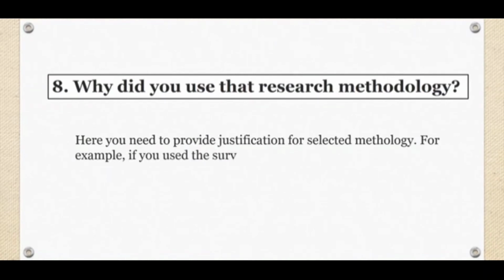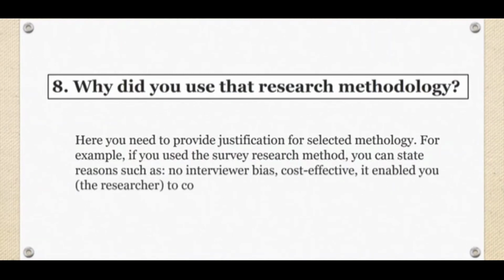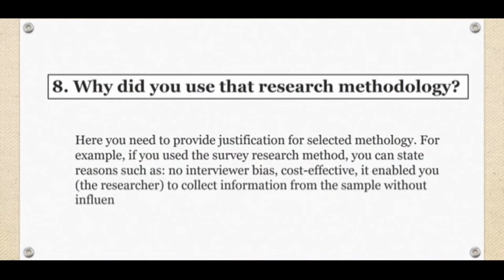For example, if you used the survey research method, you can state a reason such as: I applied the survey research because there is no interviewer bias, it is cost effective, and it enables you to collect information from the sample without influencing the population of the study, etc. So that is the justification for using a particular research methodology.